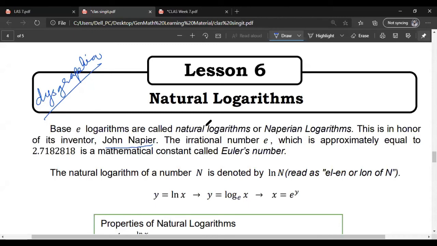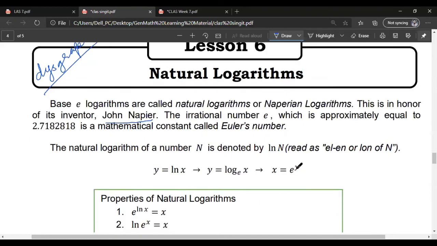Kapag daw nakakita siya ng equation, di ba ang dyslexia, kapag nagbabasa yung mga words nag-rumble-rumble sa mata, this is actually a mental disorder. Kanya naman daw, nakikita niya yung equation for the first glance, pero bigla daw gumagalaw yung mga numbers. Tapos at the end, nakikita niya daw yung final answer.